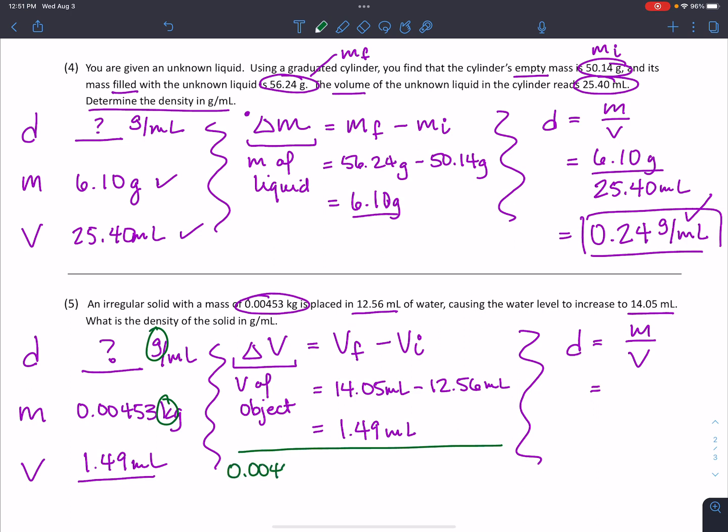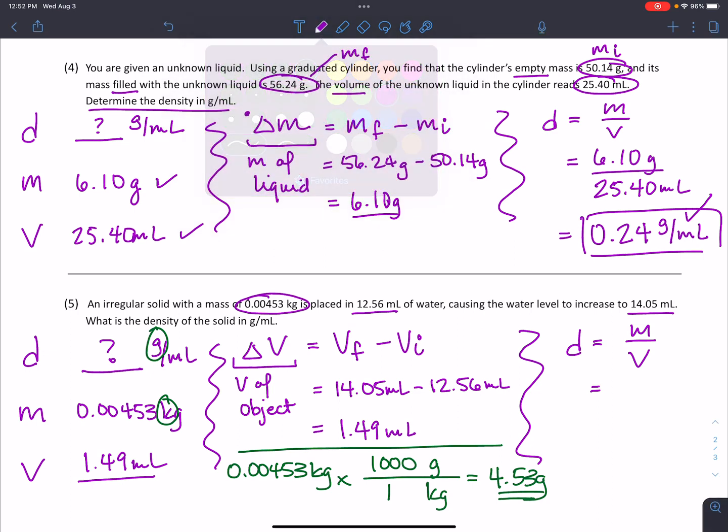So we take our 0.00453 kilograms, and we convert that into grams. Now I want kilograms in the bottom of my conversion factor and grams up top so that they'll cancel. And I know based on my knowledge of the metric system that 1 kilogram contains 1,000 grams. So this conversion actually tells me I have 4.53 grams for the mass of my object. So I can take that number and go into my formula.